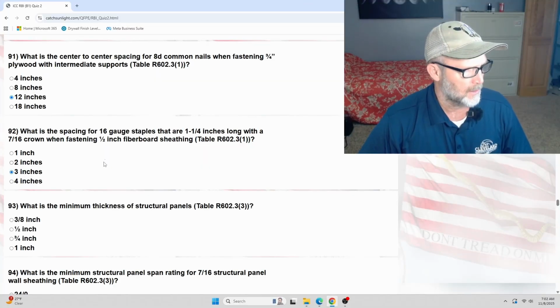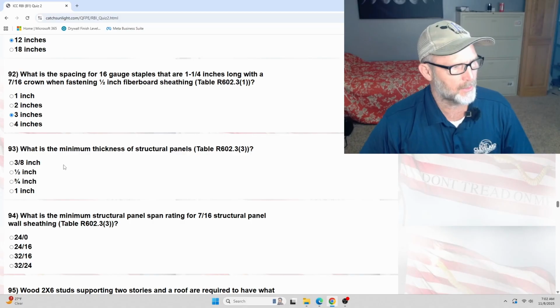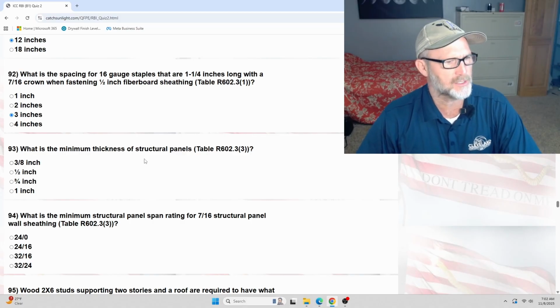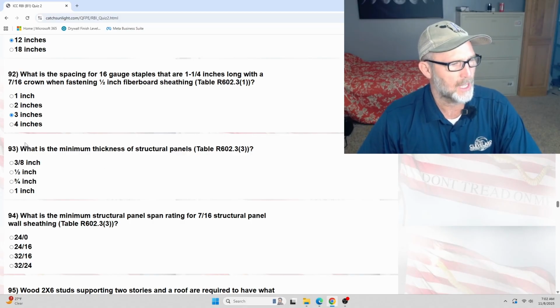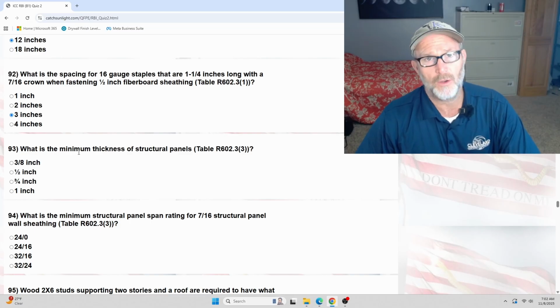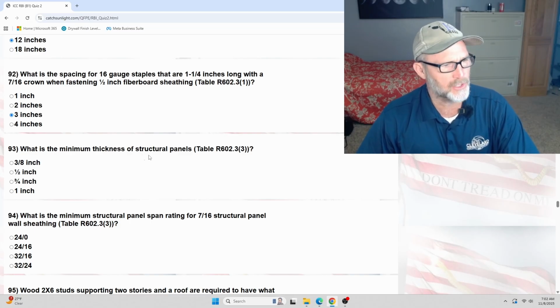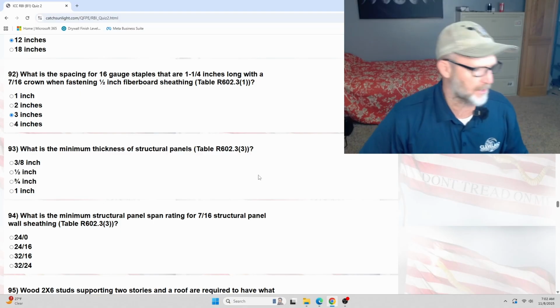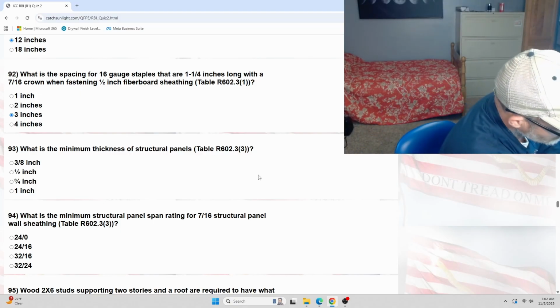All right, I'm reading number 93 now. What is the maximum thickness of structural panels? Excuse me, what is the minimum thickness? So what is the minimum plywood thickness you can use if you're making a brace wall or something like that? Minimum thickness of a structural panel. R602.3(3).